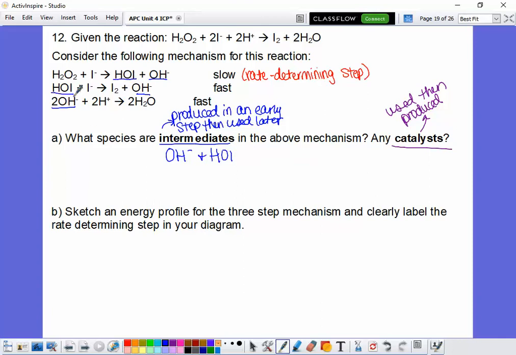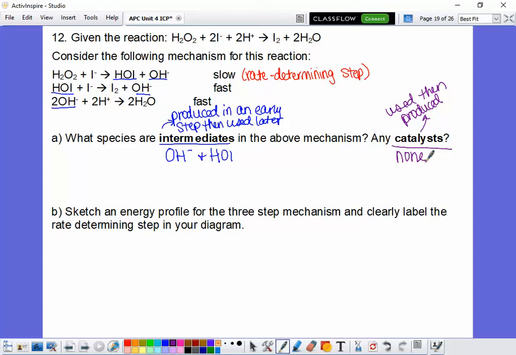Both of those things are not in the overall equation. So it's another hint that we've identified our intermediates correctly. Does this reaction have any catalysts? Nope. No catalyst for this one. But a catalyst would be one where if it was a reactant at first and then we get it back out at the end. Okay?